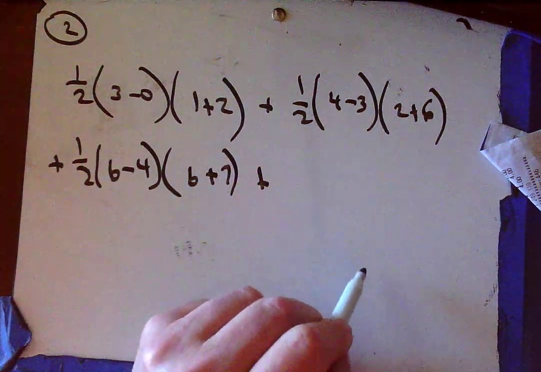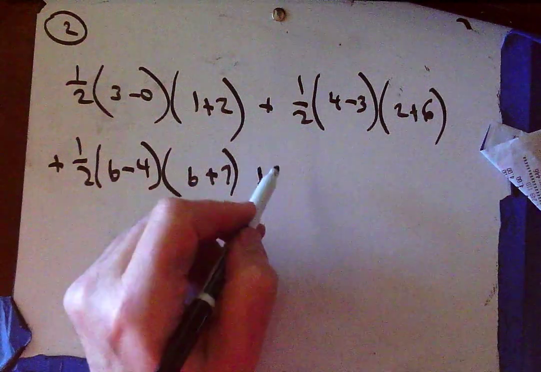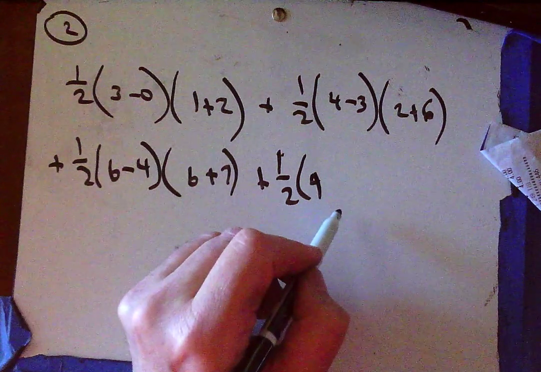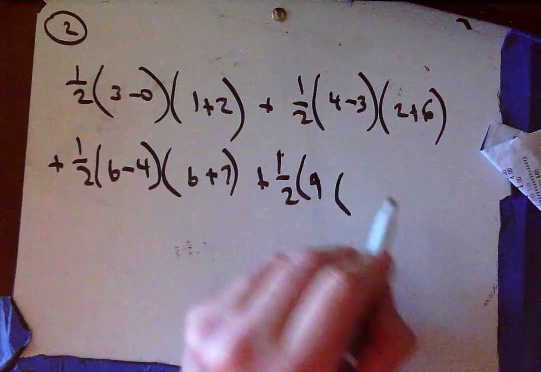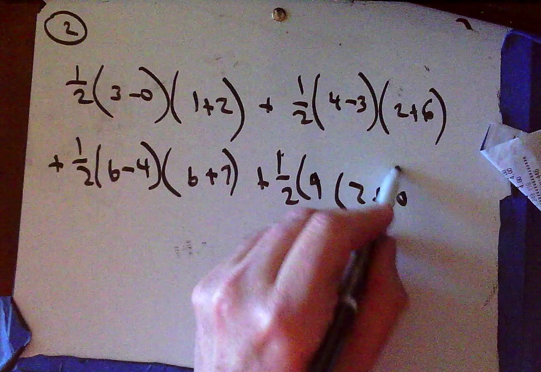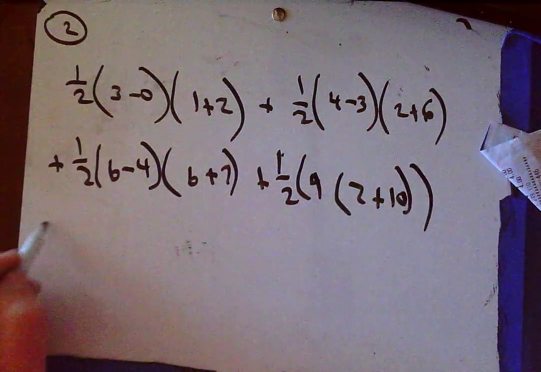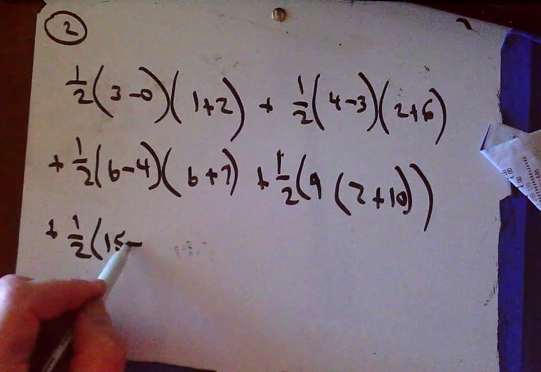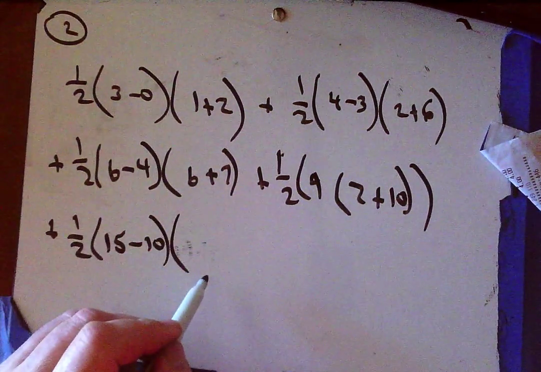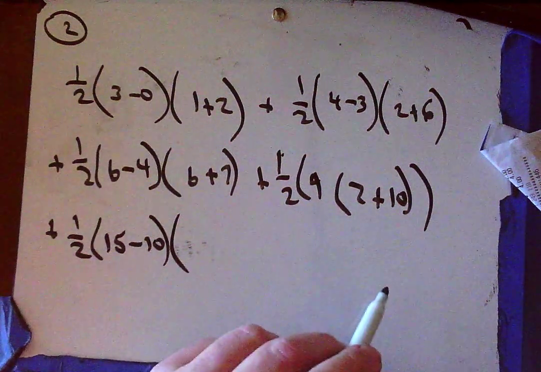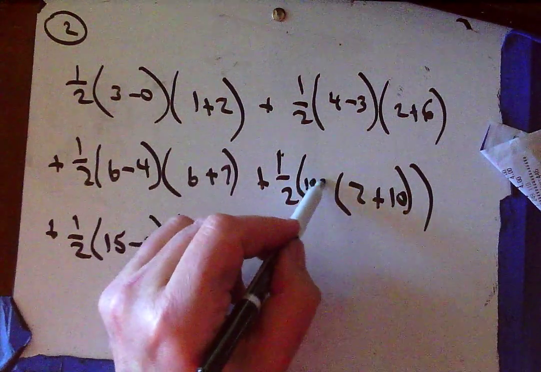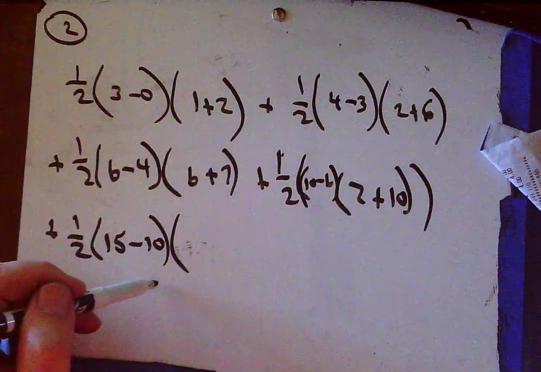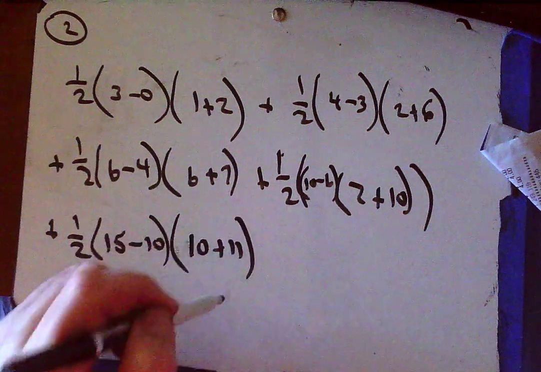And now we're going up to 10 minus 6 is 4 times 7 plus 10 plus 1/2 15 minus 10 times, I guess we should call this 10 minus 6 for consistency. Okay, so we've got 15 minus 10, and then 10 plus 11.